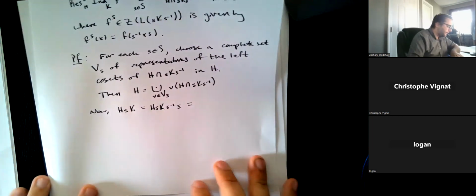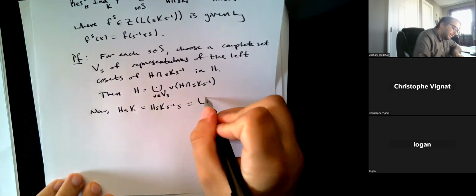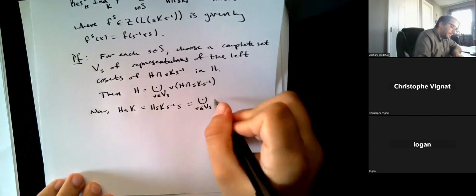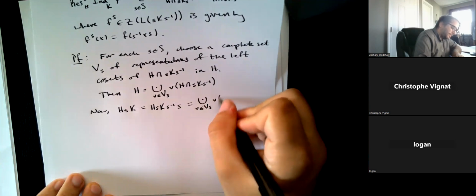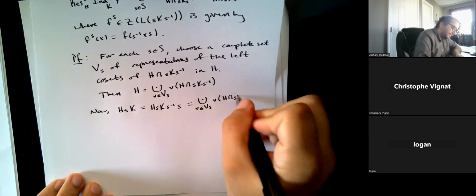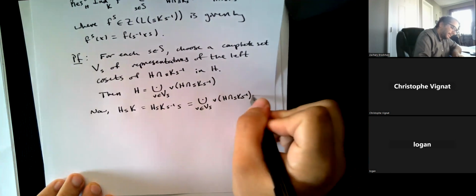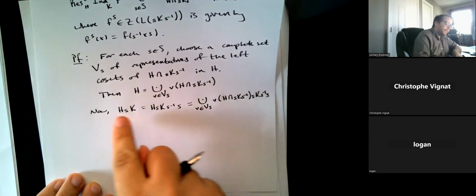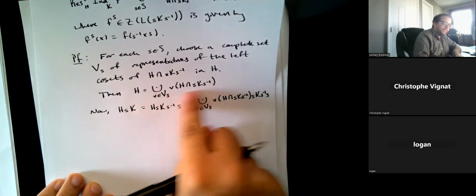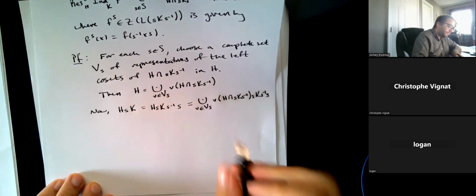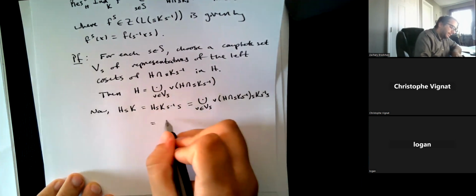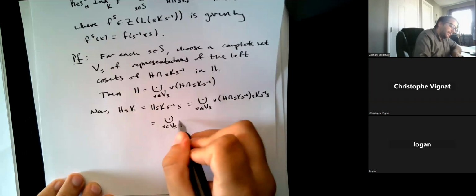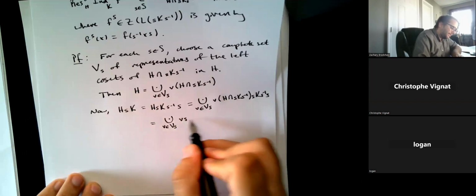This is equal to the disjoint union over v in V_s of v times H intersect sKs inverse, times sKs inverse s. All I did was replace H with this disjoint union here. And now this is equal to the disjoint union over v in V_s of vsK.